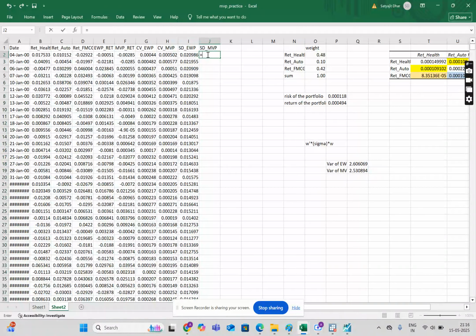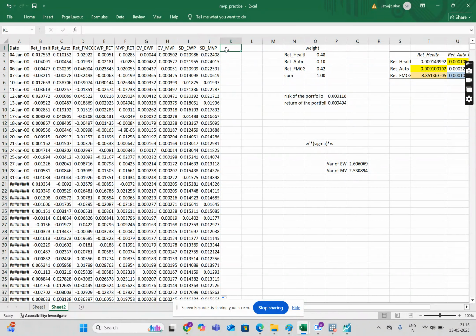In the same way, this is the square root for MVP, that is this. So here we have it. Okay.